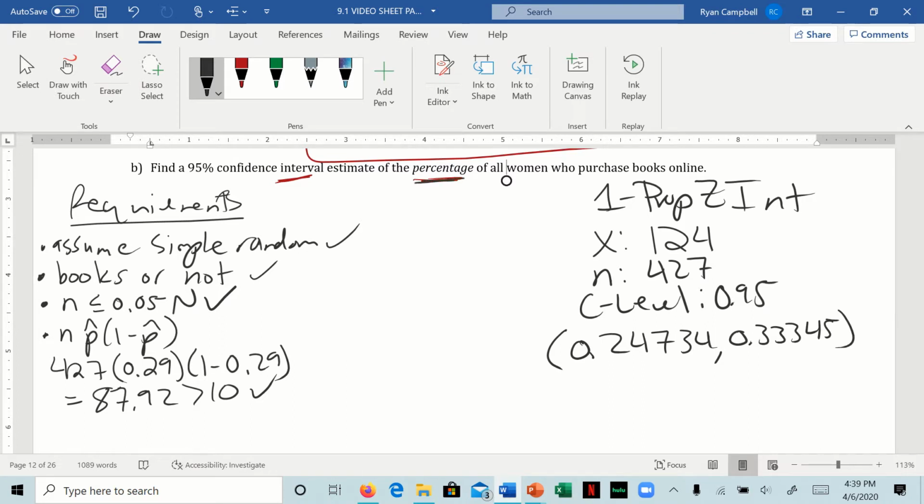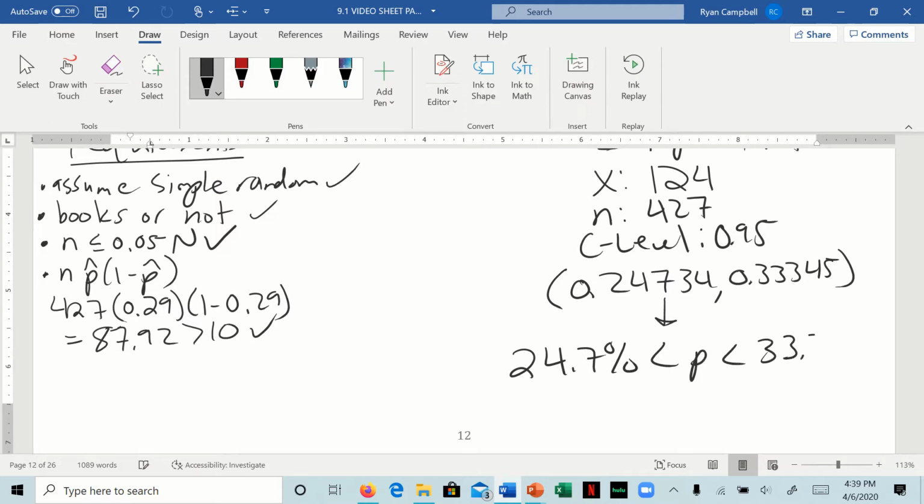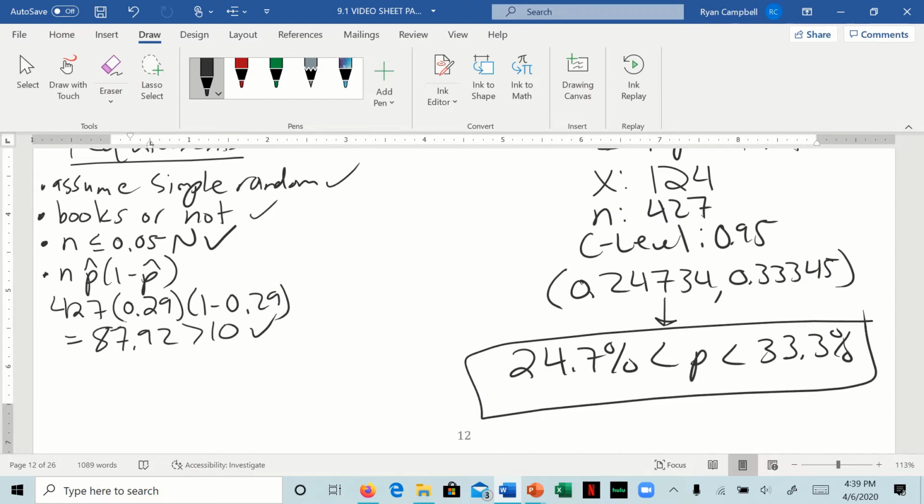But since it said percentage, we want to make sure to put that in percentage form. So another way we could write that is that our value is between 24.7% and 33.3%. So this is another way to write it, right? Here's our low value, here's our high value. And our population proportion is right there in the middle.